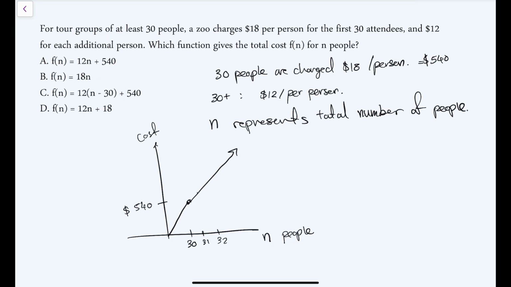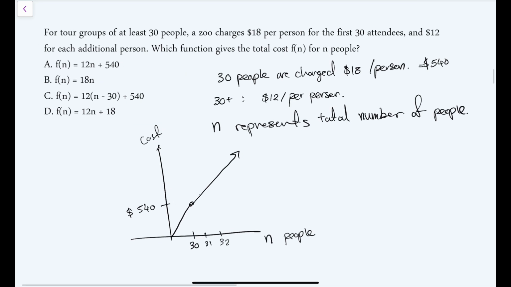So, initial people, or total cost, is $540 for 30 people, means that the total cost, F of N, is going to be $540 for the first 30 people, plus N minus 30 times the rate per person, which is 12. Why does this work?